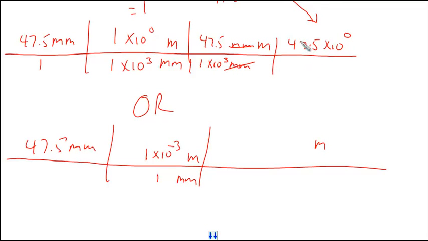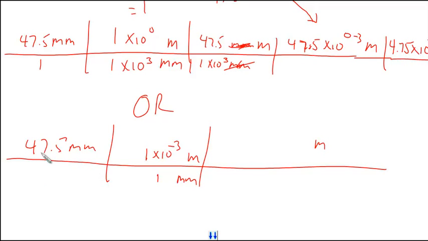So that leaves us with 47.5 times 10 to the 0 minus 3. When you divide exponents, you subtract them. The millimeters canceled, and meters is the only unit we have. To put that in proper scientific notation, we have 4.75 times 10 to the 0 minus 3, which would be negative 3. Then we've made this smaller, so we have to make the exponent larger. So this will be negative 2.